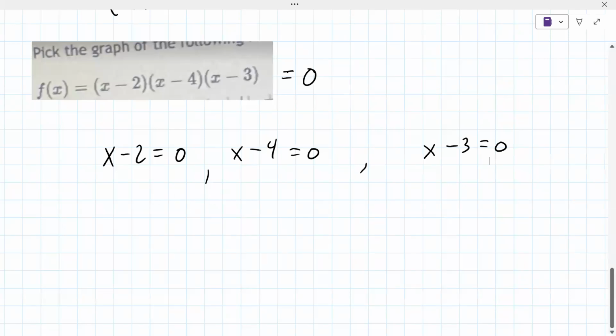So x equals 2, x equals 4, and x equals 3.